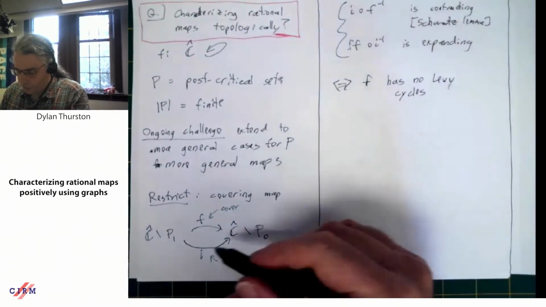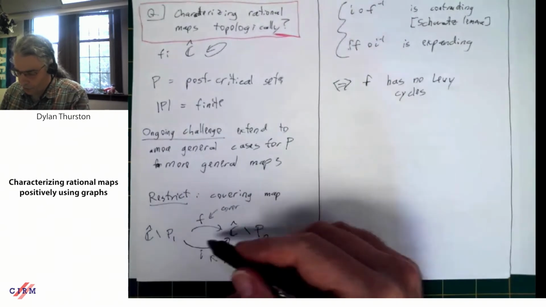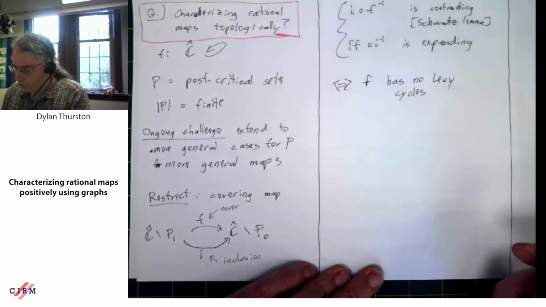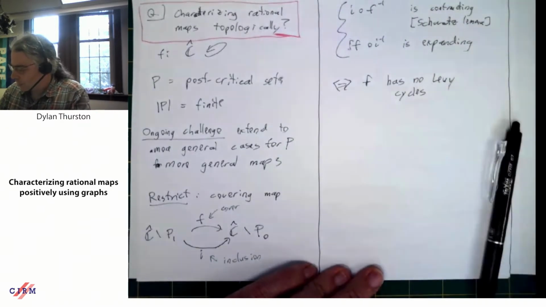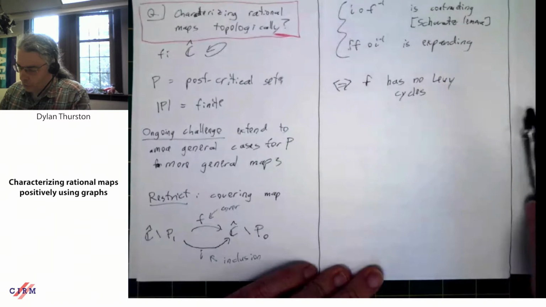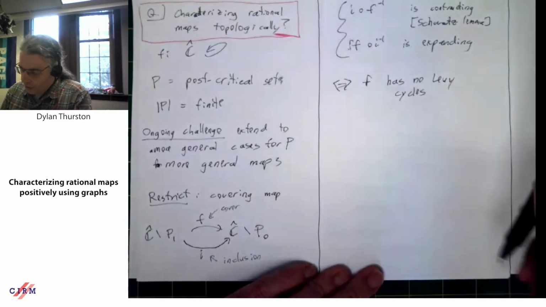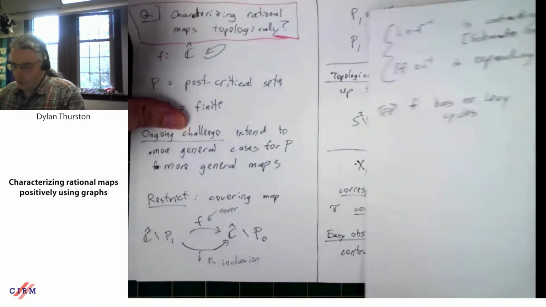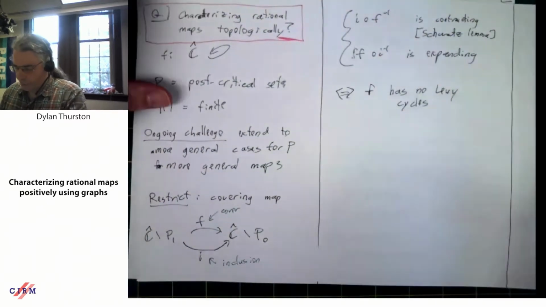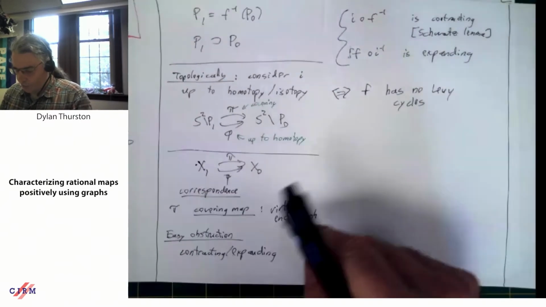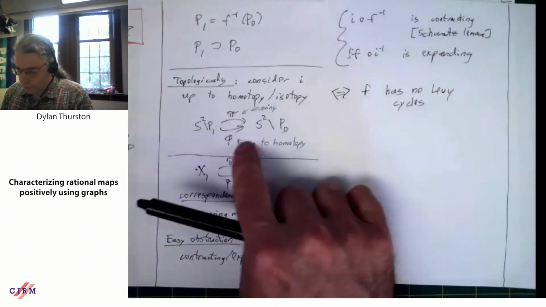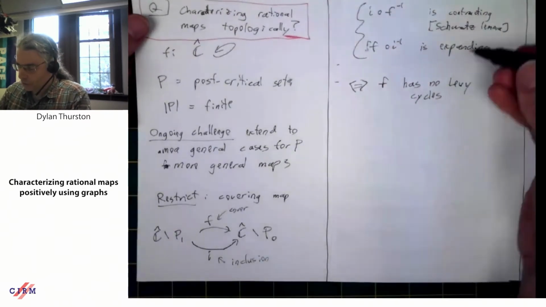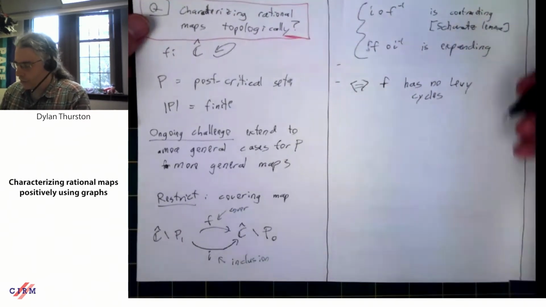No cycles of curves that are mapped to each other in a way that would obviously obstruct this being expanding or this one being contracting. Right, so that's one constraint on whether an F like this, or this virtual endomorphism, is equivalent to a rational map: you can't have Levy cycles, or equivalently, this is contracting or expanding.